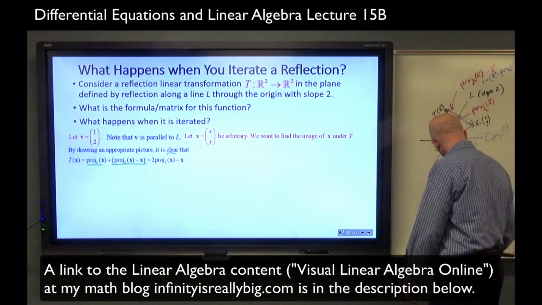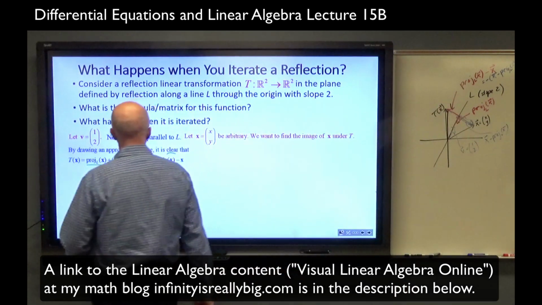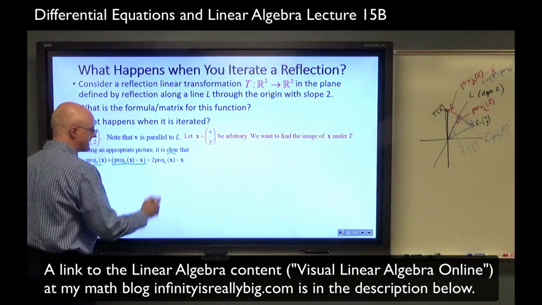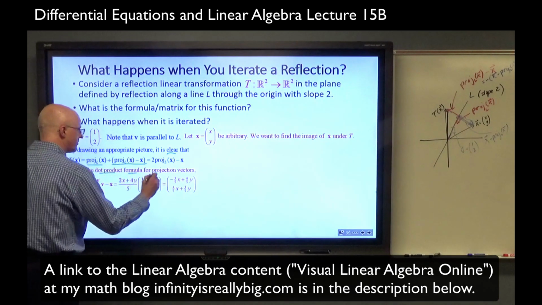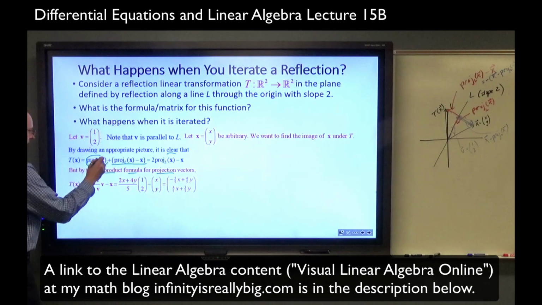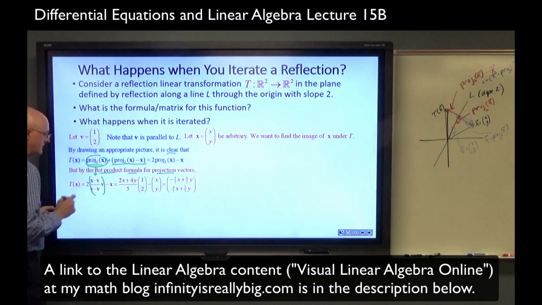Then when you simplify these two vectors, it gives you 2 times the projection vector, and then you get the minus x still. What does this work out to be? We need the dot product formula for the projection vector, back from lecture 5. This projection vector right here equals this thing right here. It's x dot v divided by v dot v, times v.